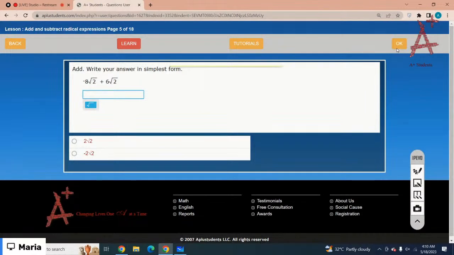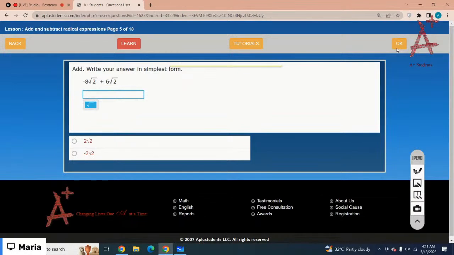Okay, add negative 8 square root 2 plus 6 square root 2. So which is the correct option? Negative 8 plus 6 is negative 2.